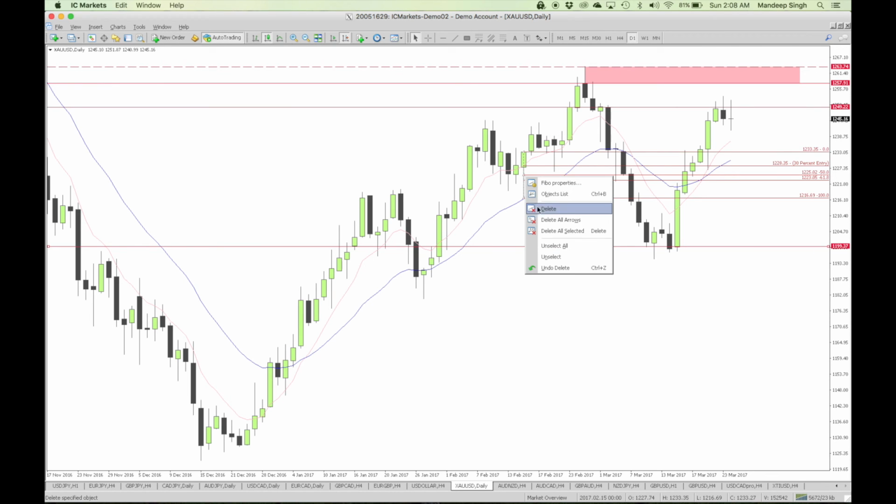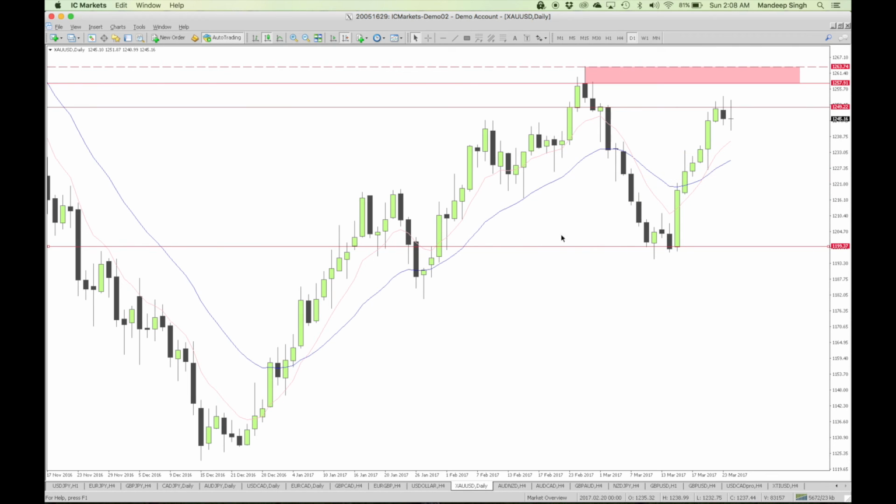Okay. So guys, I hope you understand what I'm trying to tell you here. This is something that happens time and again in the market. I mean, this is just beautiful. A 30 to 50% retracement is respected time and again in the gold market.